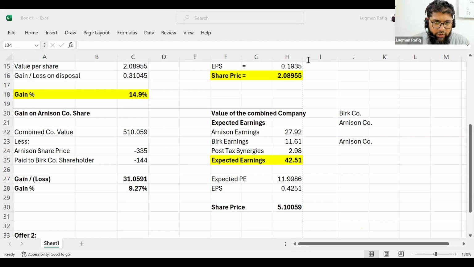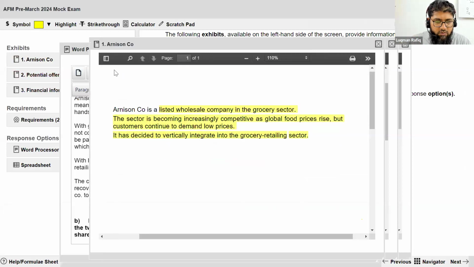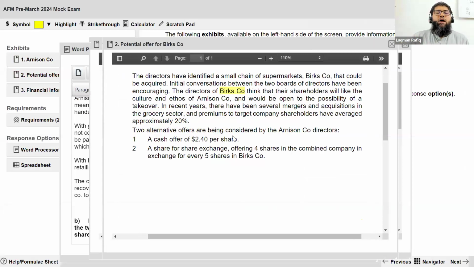You're giving the cash offer. My offer is a cash offer: take cash, give me your company. That's it. The story is ended there. Give me your company and take cash money. No new shares are issued. Their shares get cancelled. They become part of Arneson now.